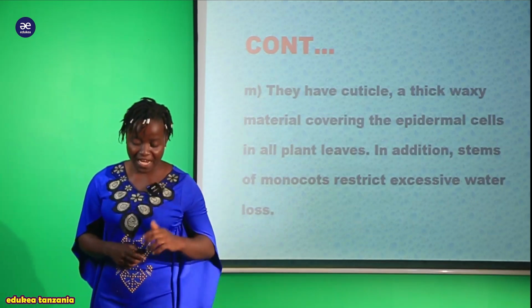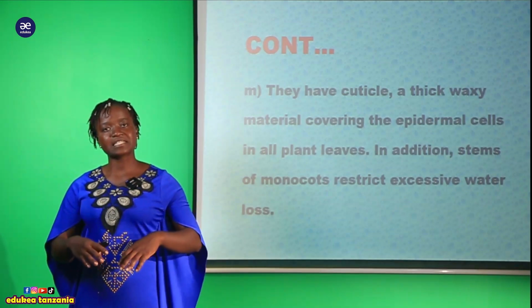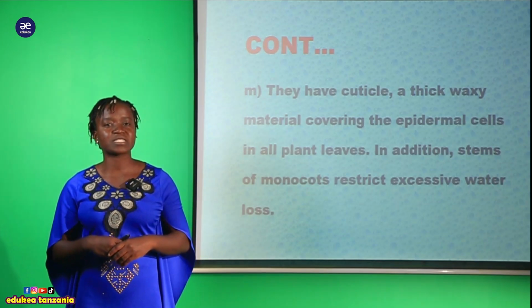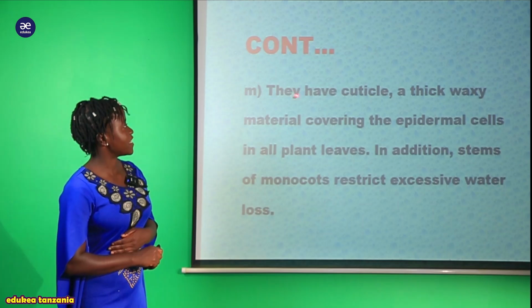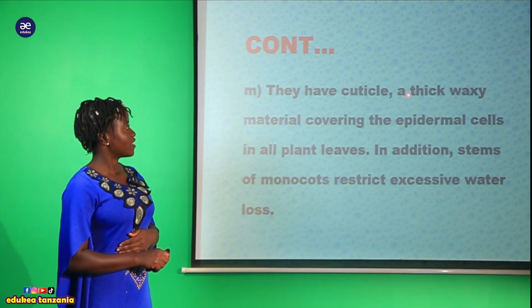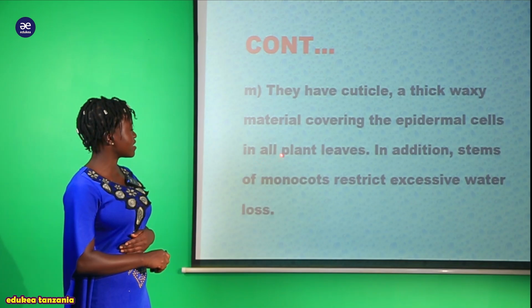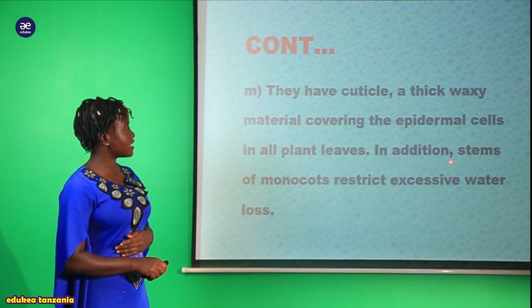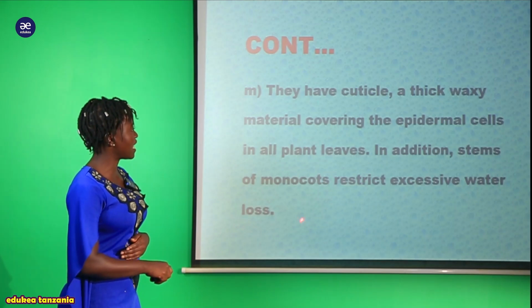And we have another factor which helps this organism to colonize or to live within the terrestrial environment most successfully. And this one we are saying that they have cuticle, a thick waxy material covering the epidermal cells in all plant leaves. In addition, stems of monocots restrict excessive water loss.